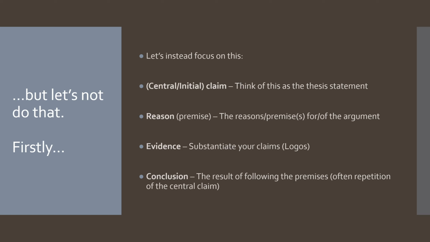First, the central or initial claim, and you can think of this as a thesis statement of the argument, kind of. Secondly, you have something called premise, which is also known as reasons, and they are quite simply the reasons and premises for or of the argument. Think of the initial claim as the answer to the question what, while the reason or the premises answer the question why.